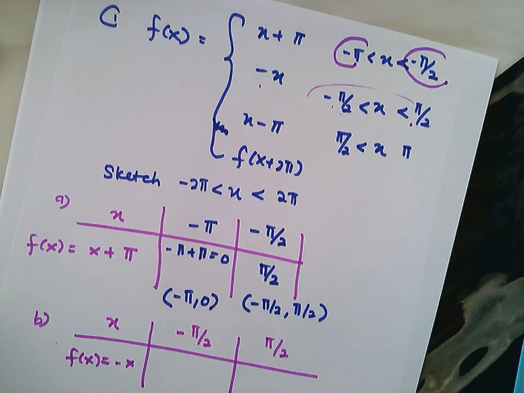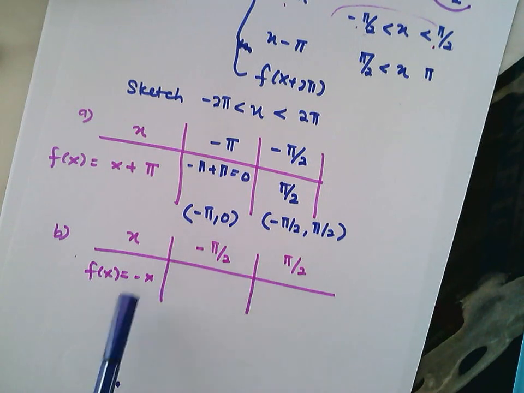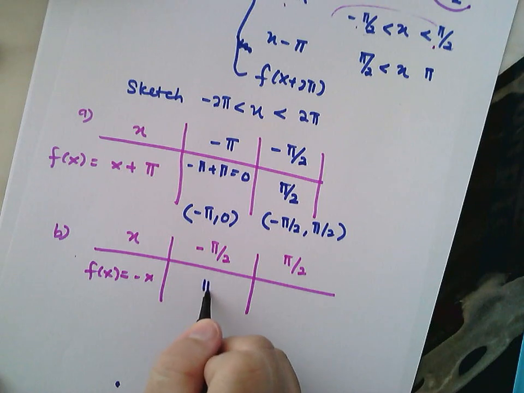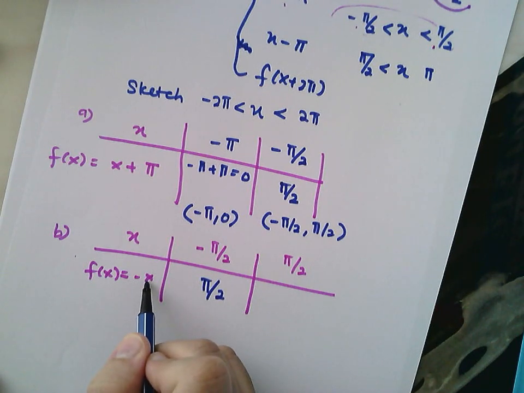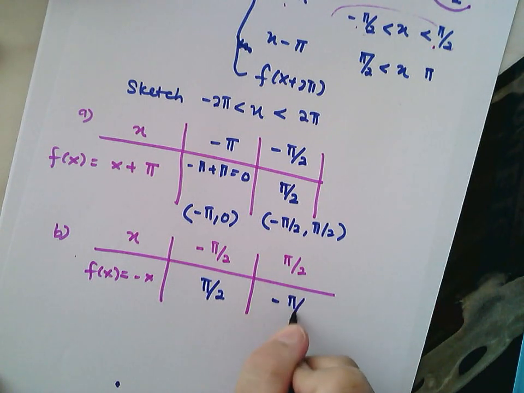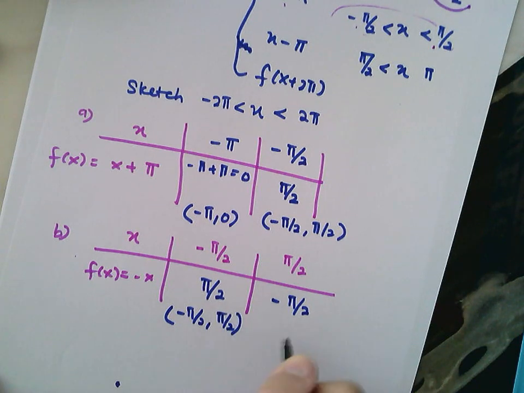If you substitute negative pi over 2 here, negative times negative is positive, so you will have pi over 2. The next one is pi over 2, so substitute it here and you have negative pi over 2. Therefore your coordinates will be (negative pi over 2, pi over 2) and (pi over 2, negative pi over 2).